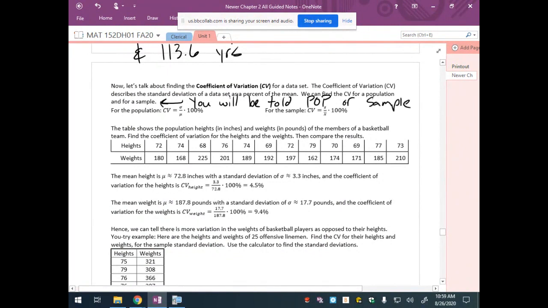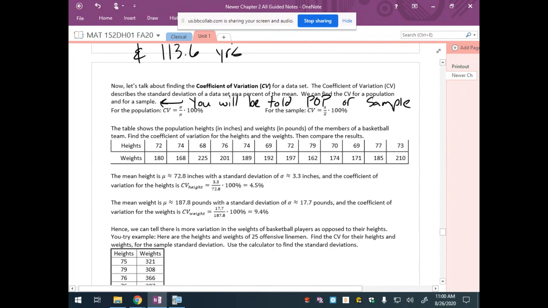So this table here shows the population heights in inches and the weights in pounds of the members of a basketball team. We're going to find the coefficient of variation for the heights and for the weights.